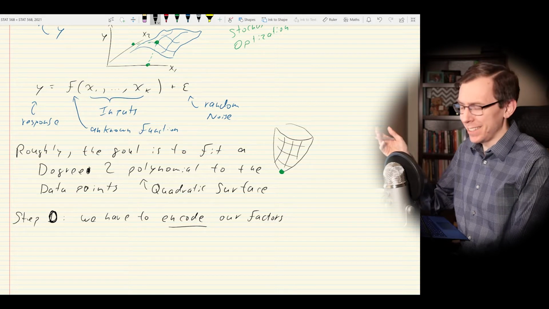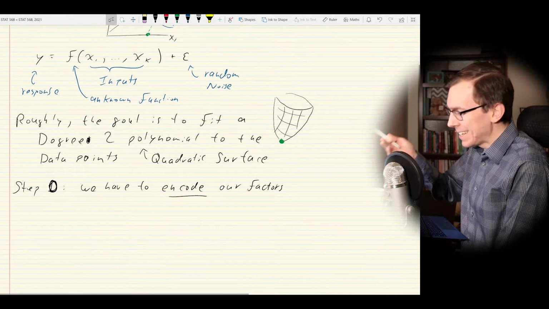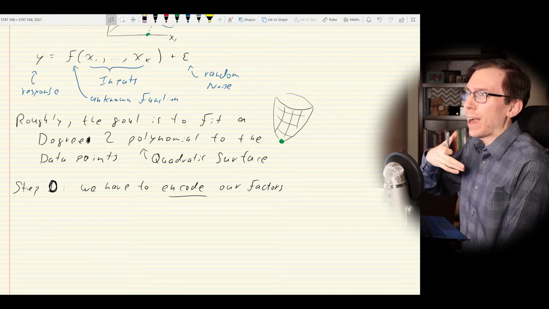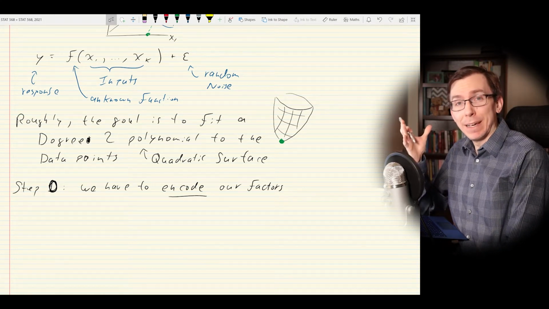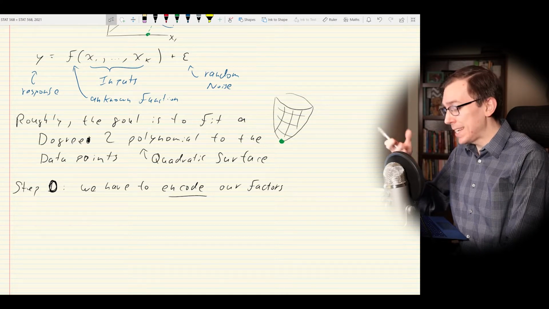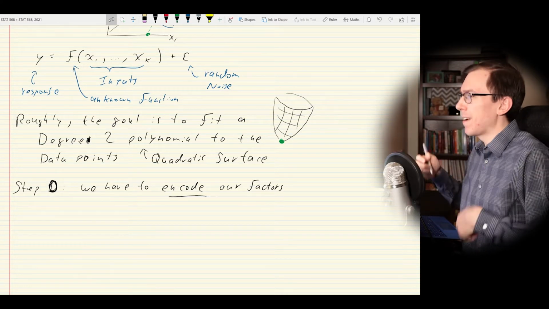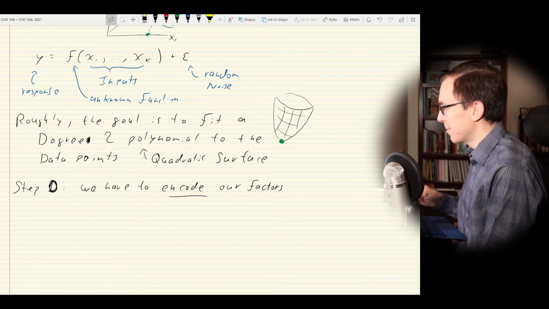I don't even know what the right unit of that would be. But the idea is that you could have very, very drastically different units, which can affect your analysis if you don't standardize them. So what we do is we encode our factors. We standardize them.